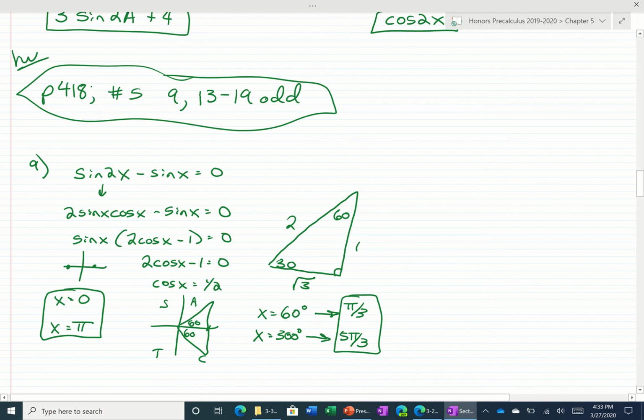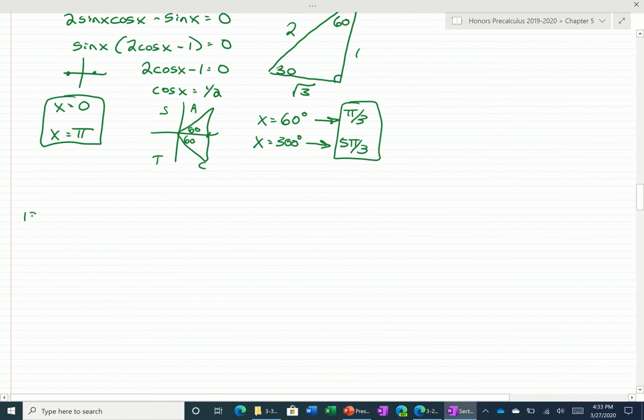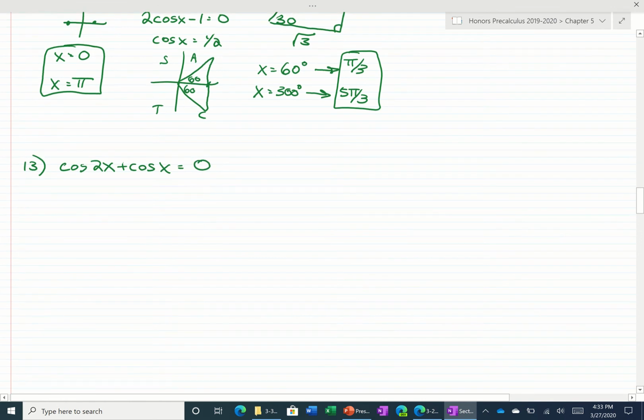Okay, so those are the answers for number 9. Let's take a look at number 13. Number 13 is telling us to find the cosine of 2x plus the cosine of x is equal to 0. So I would prefer to have all the same trig functions, so I'm just going to convert this to one using cosine. 2 cosine squared of x minus 1 plus the cosine of x is equal to 0.